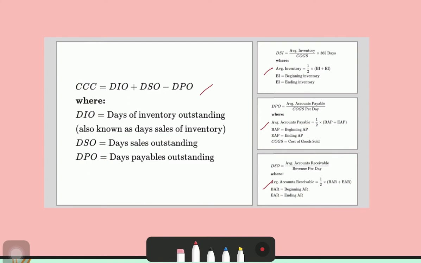You can also shorten the CCC by asking for upfront payments or offering a discount for early payment. Finally, it's a good idea to stay on top of late payments by following up immediately when the payment comes due.